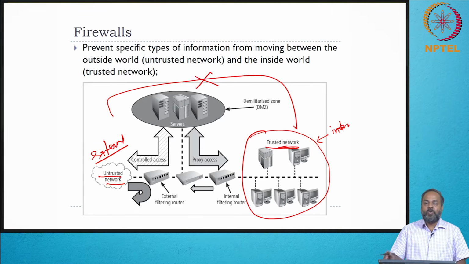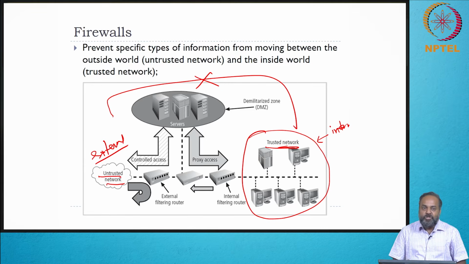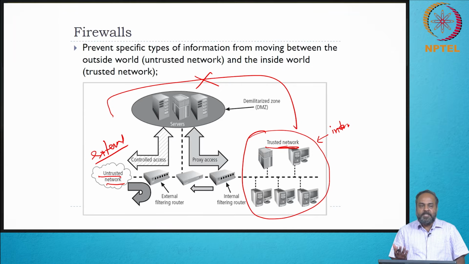You do not want any external agent to directly access your trusted network, to directly get into your trusted network. Suppose they want certain resource, certain data from your trusted network, that is not directly provided.